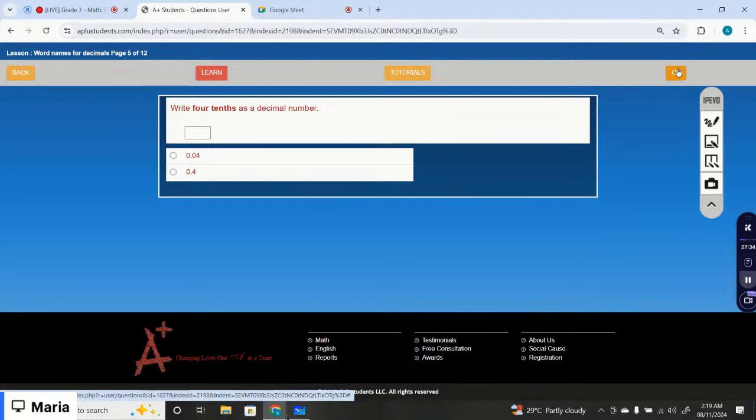Very good. That is option number 2. 0.4 is the correct option.